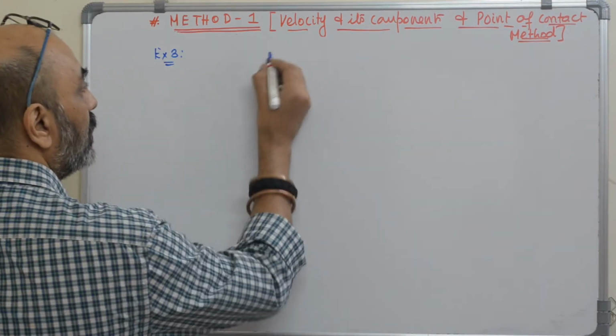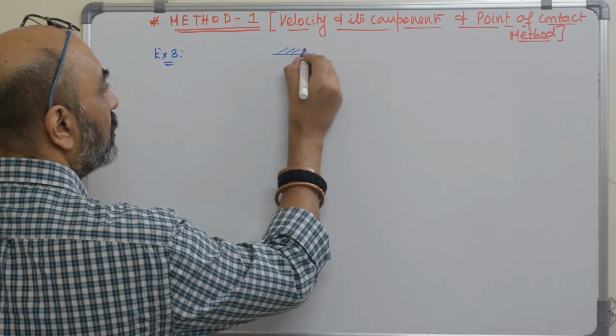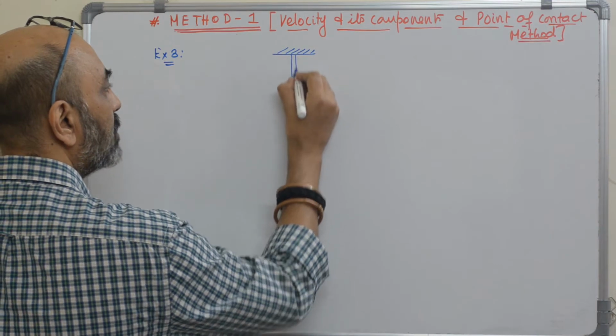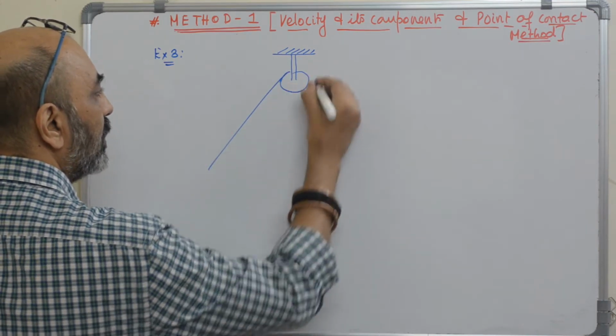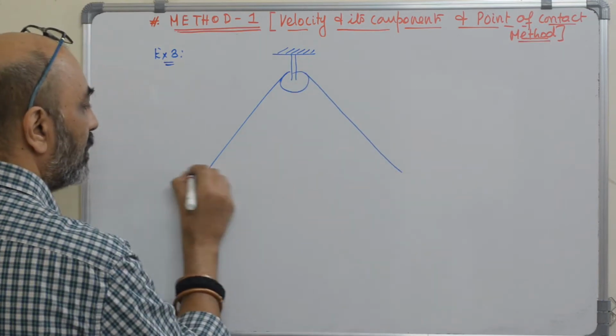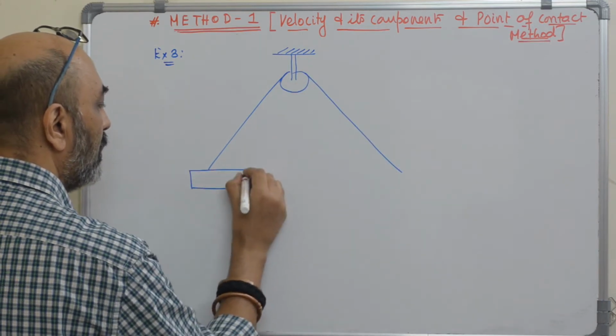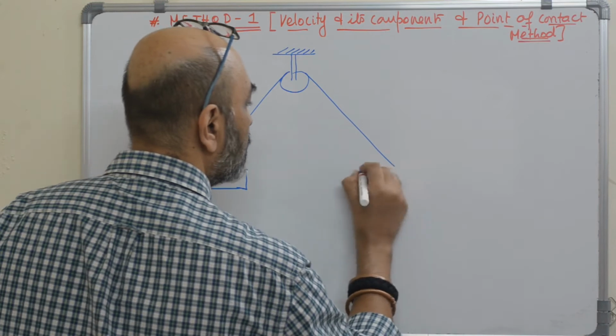So here we have a rigid support and there is a pulley, and it is connected to two blocks like that. There's a block here and there's a block there.